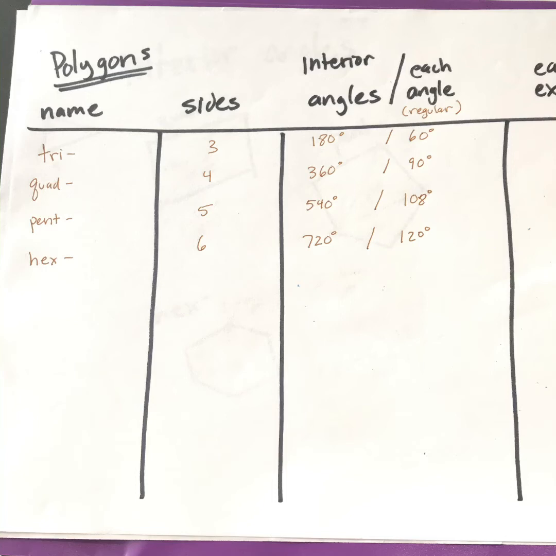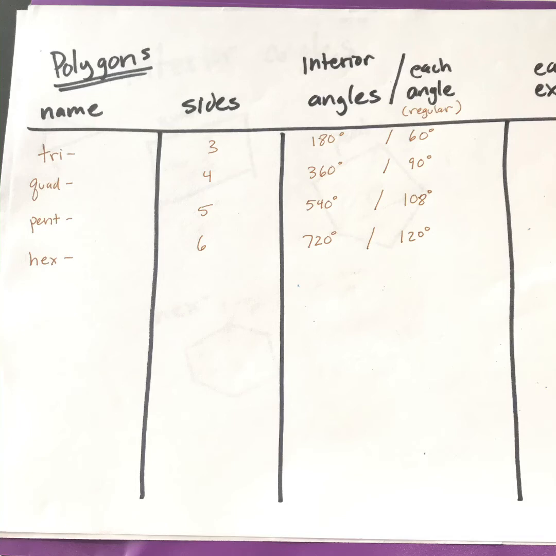The total of the interior angles is found by that formula, (n − 2) times 180, or, since we're going in order of number of sides, you can simply add another 180, another triangle, to each shape. And then to find the amount of each interior angle, I've divided that number by the number of sides.